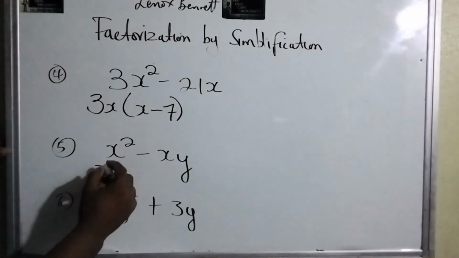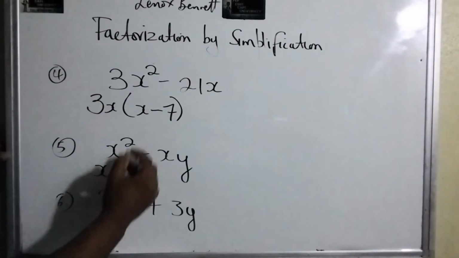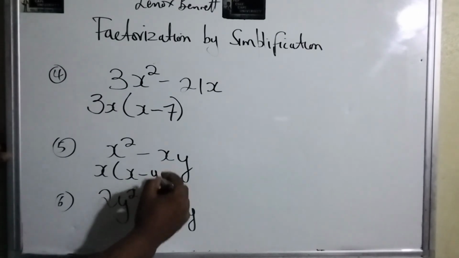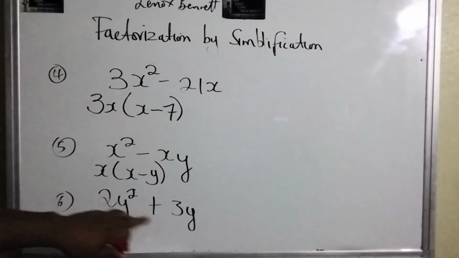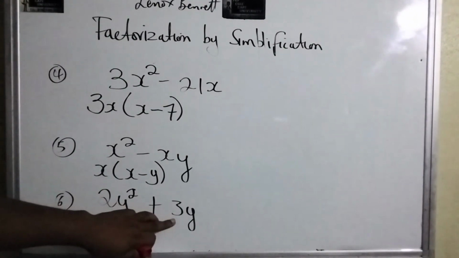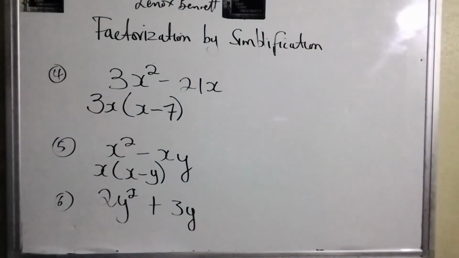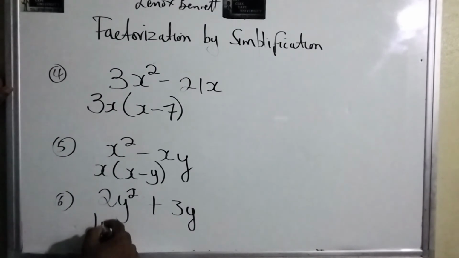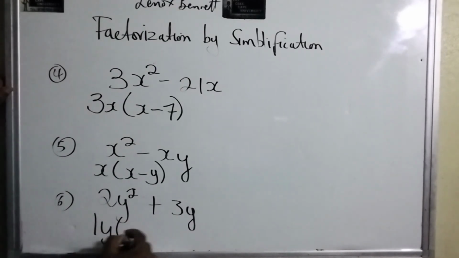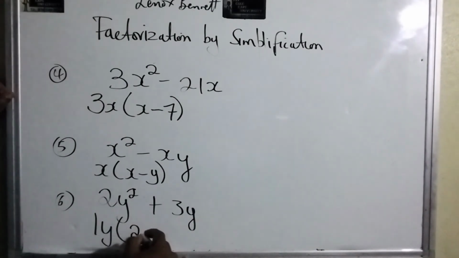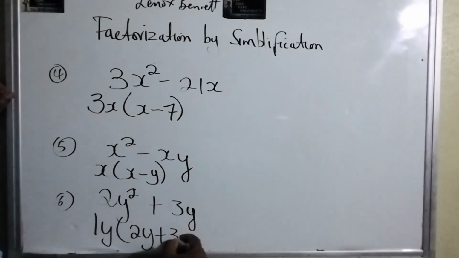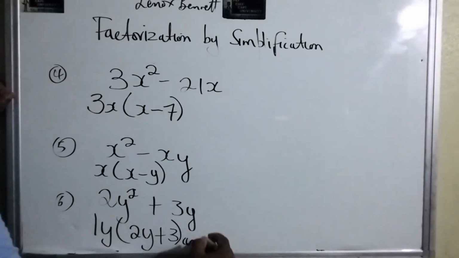Wait, that is for the next one. So we take out our x. x into x squared leaves x, and x into xy leaves minus y. Alright? For this one now, 2y squared and 3y, nothing is common except 1. So we can just say 1. To make you feel comfortable, you can say 1y. y is common, right? So 1y into 2y squared goes 2y, right? Plus 3. And that is our answer.